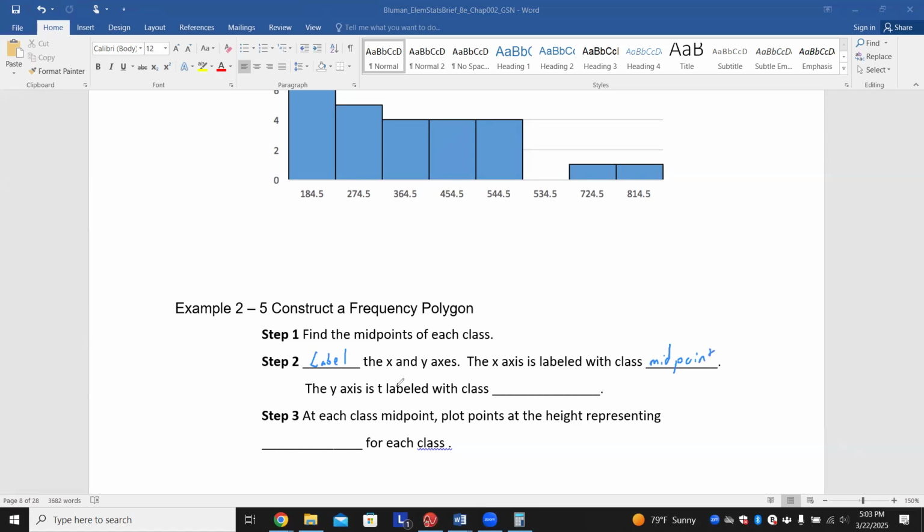The y-axis is labeled with class frequency as above. And then step 3, at each class midpoint, we're going to plot points at the height representing the frequency for each class.